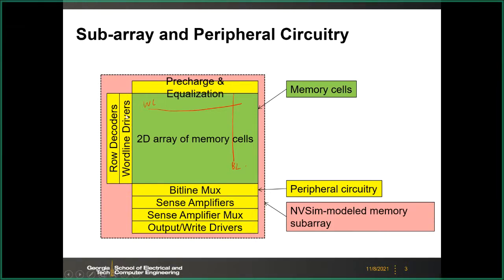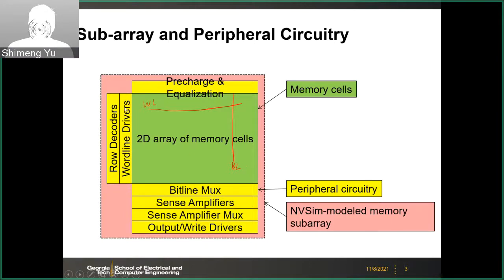And then at the edge of the array, we may have those peripheral circuits in the yellow color. For example, on the row side, we will have the row decoder to decode the address to the individual word line.